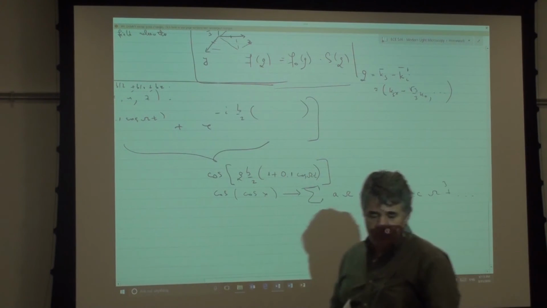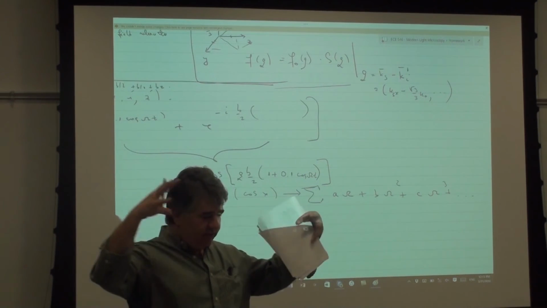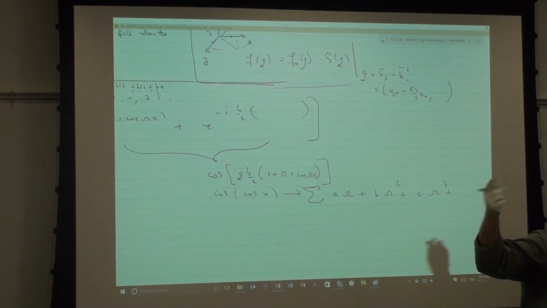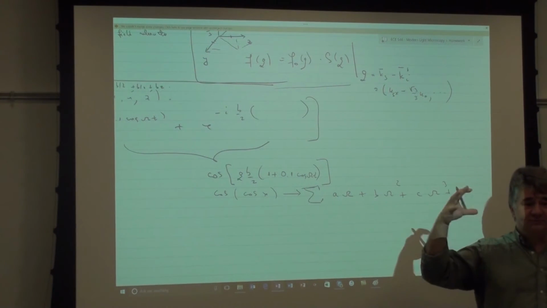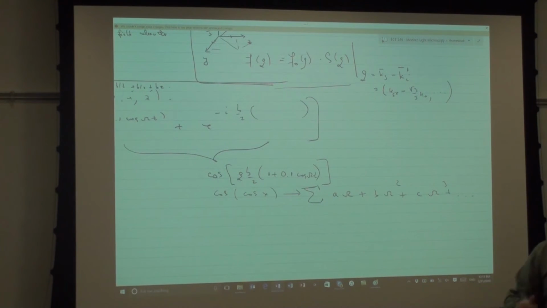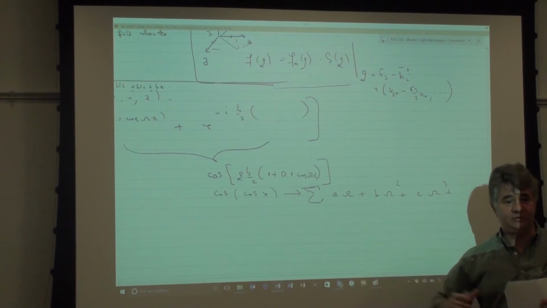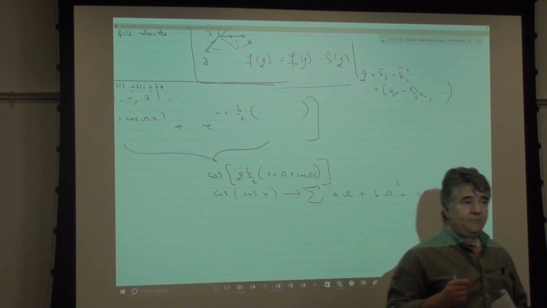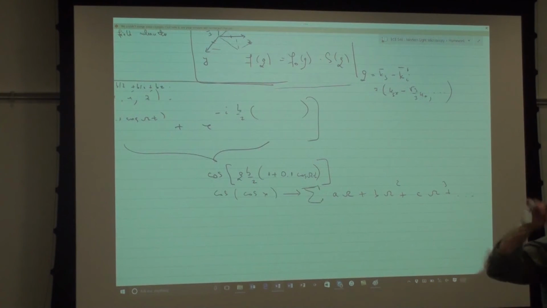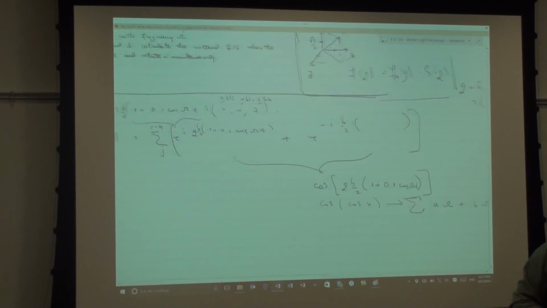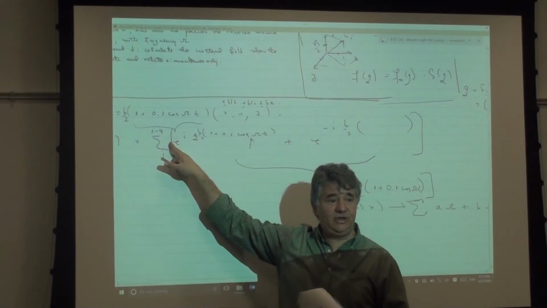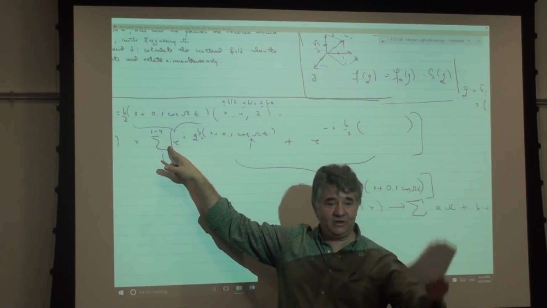So that's what I wanted you to kind of see, that my thing is breathing in and out at frequency omega, but my scattered field actually is going to have harmonics. So you get the fundamental omega, but you also get omega squared, omega third, and so on. And it always comes from the fact that, because of the cosine of a cosine, your phase goes as a cosine. If your cosine was in the amplitude here, then you would get just a simple harmonic at frequency omega.